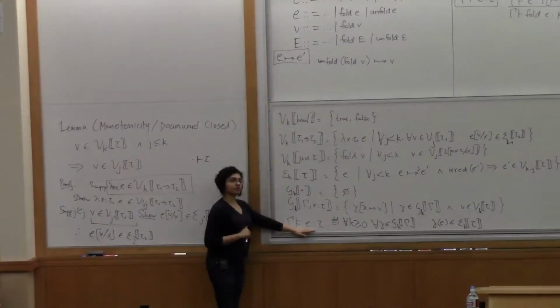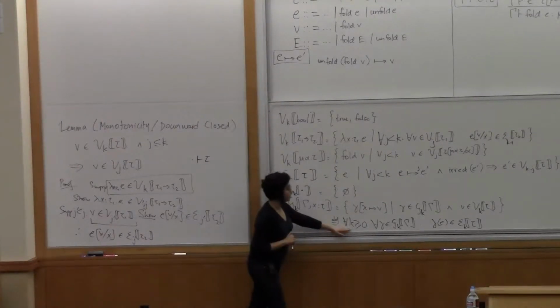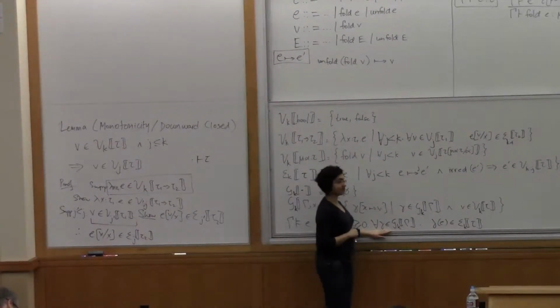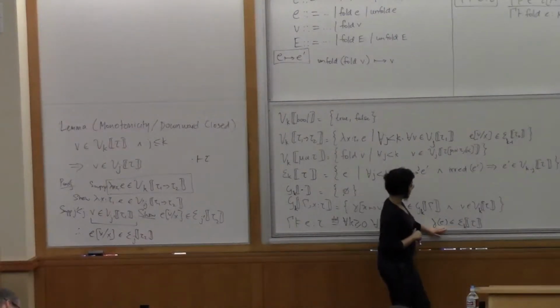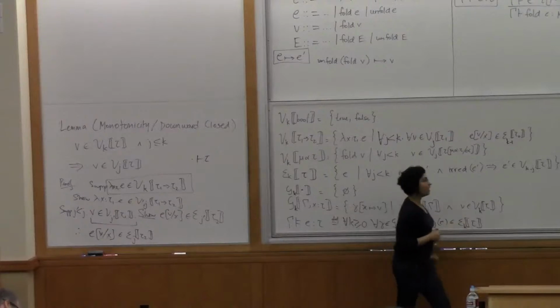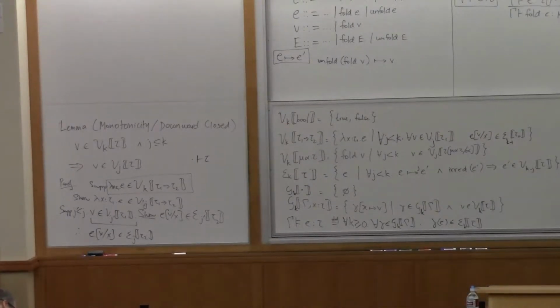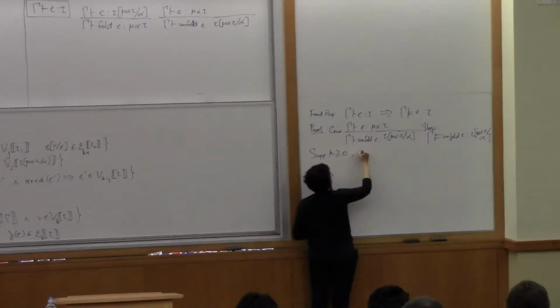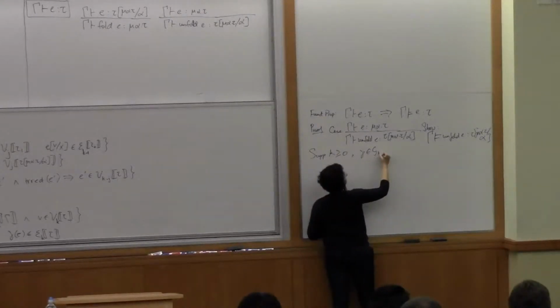So let's take a look at what we have to show. Basically, we have to pick an arbitrary k. So suppose we're given an arbitrary k and a substitution that's good for k steps. Then we have to show that if we close off our unfold expression, it behaves like it has the appropriate type.